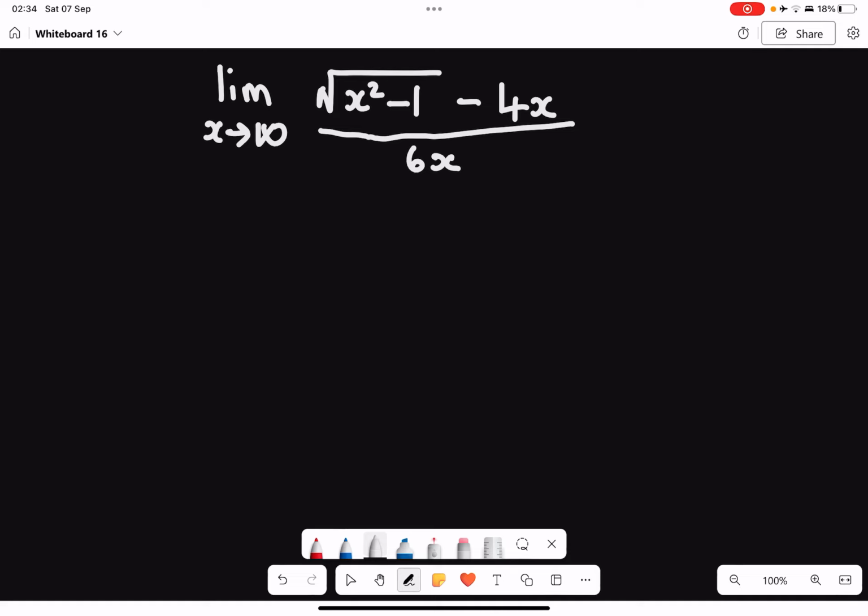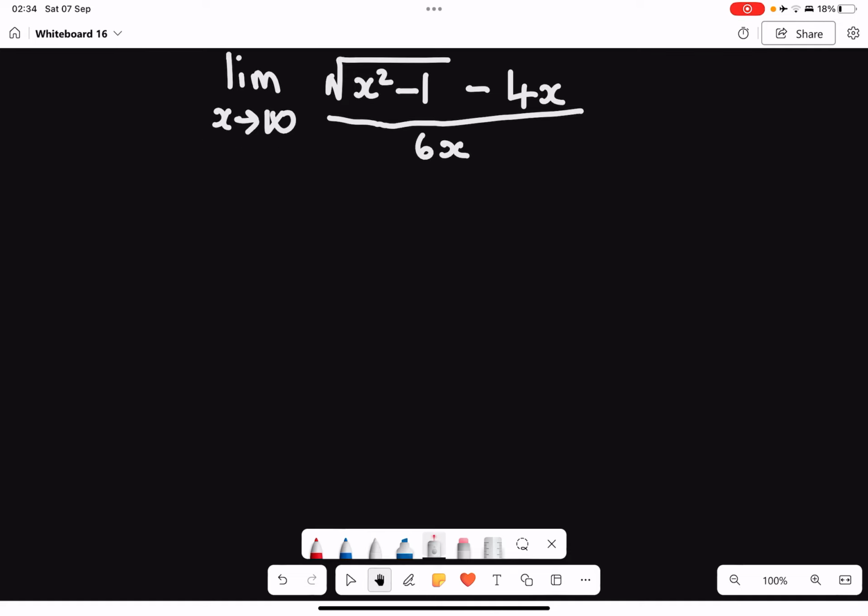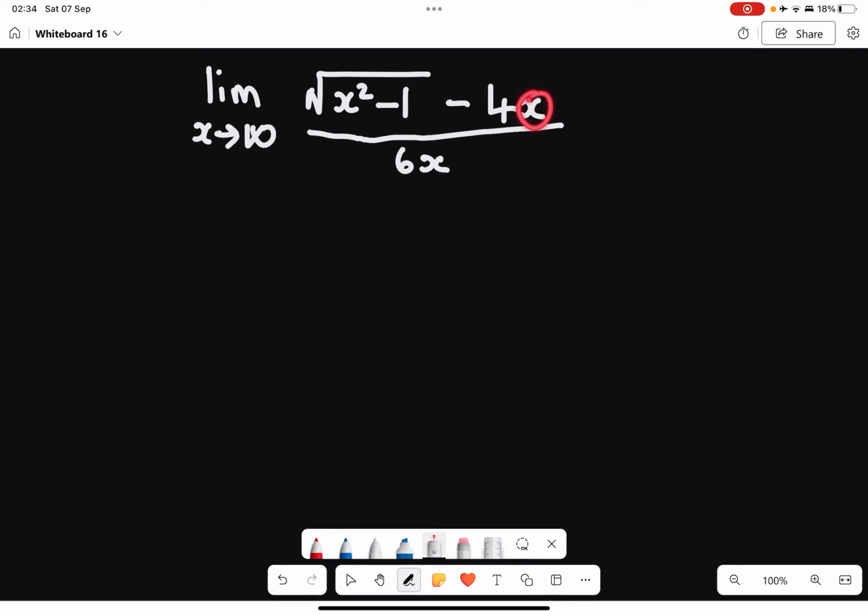So let's start. The first thing I always do is I try to substitute. I can see that if I substitute infinity here, I'm getting a denominator of infinity. If I substitute infinity here and there, I'm always going to end up with a negative number that is getting smaller and smaller.